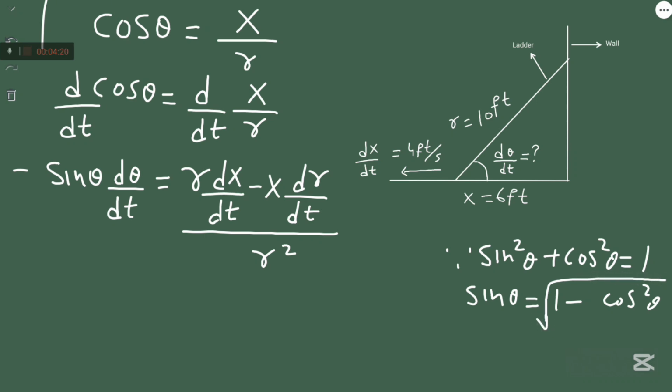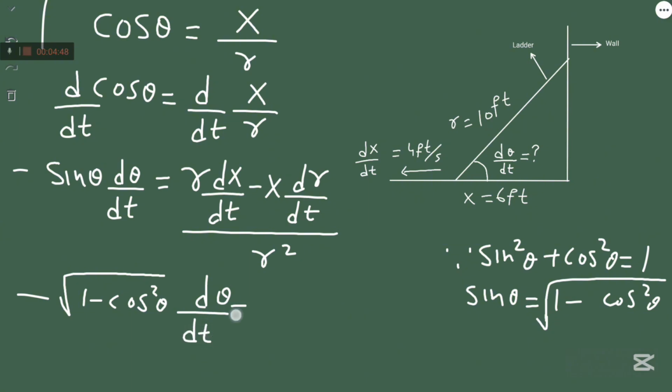So in my equation I can write minus, and the sine theta value is square root of 1 minus cos square theta, then d theta by dt.